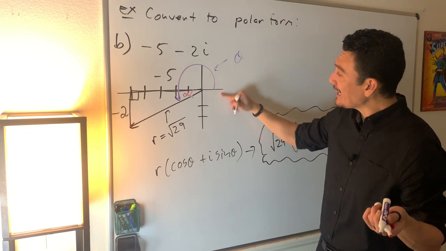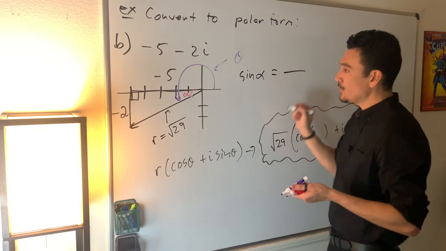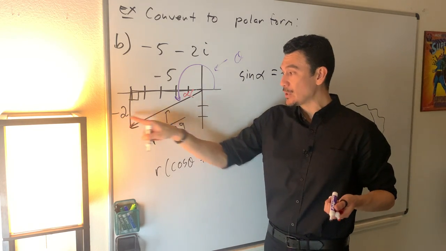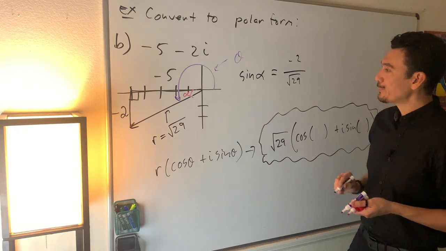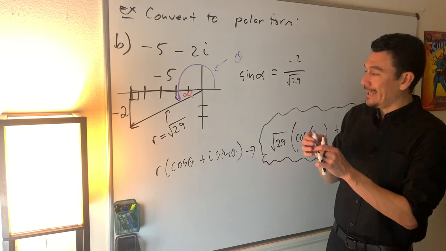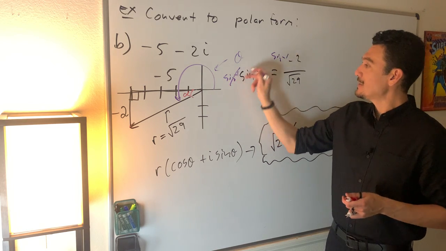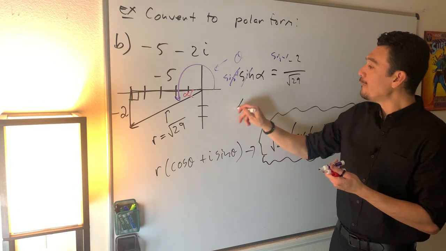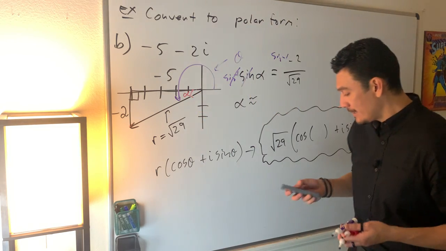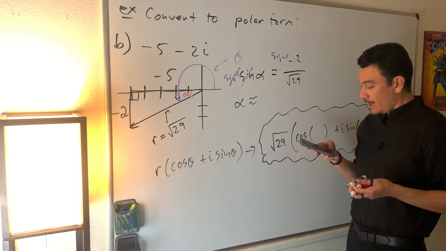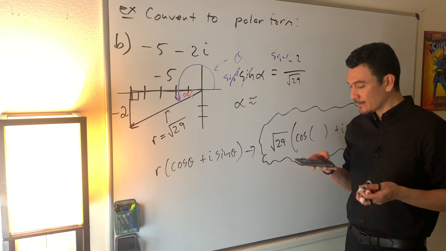Let's find its measure. How can I find alpha? Maybe go sine. Look, sine of alpha is, well, sine is opposite over hypotenuse. Go sine inverse of both sides. These cancel. And so alpha is about, let's see, where's my calculator? Sine inverse of -2 over square root 29.